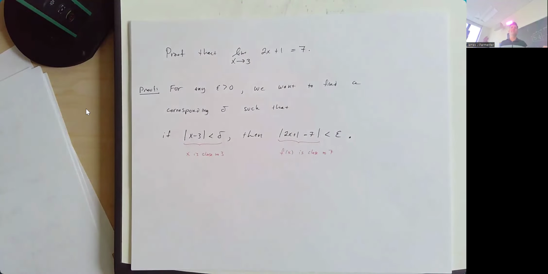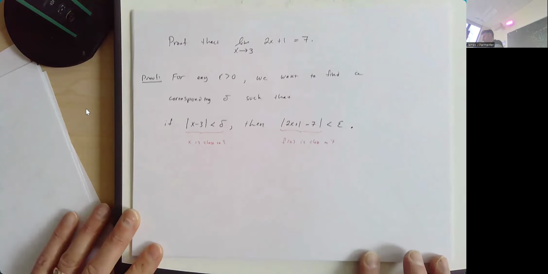How close? 1/1000th, 1/1,000,000th, 1/1,000,000,000th, as close as you want. That's the point, whatever small, tiny, positive number epsilon is, we can always get within that measure. That's probably not the best way to say it, but we can get as close as we want. Okay, now we're going to do it.